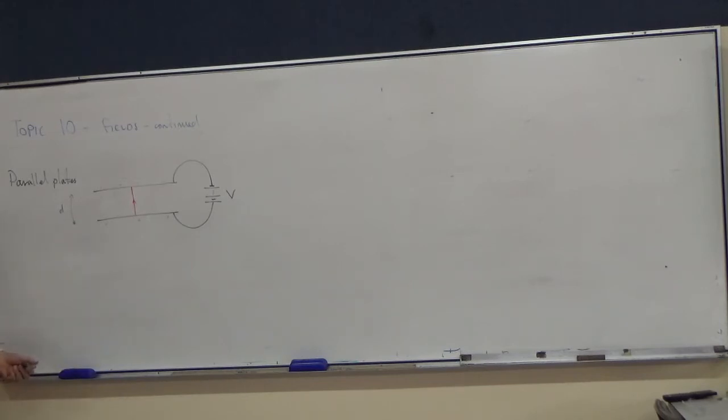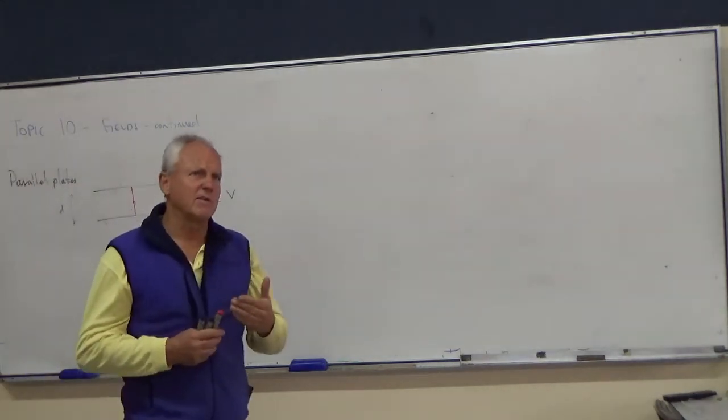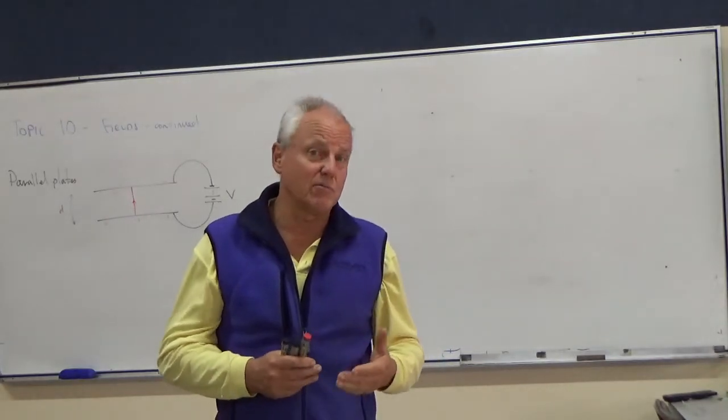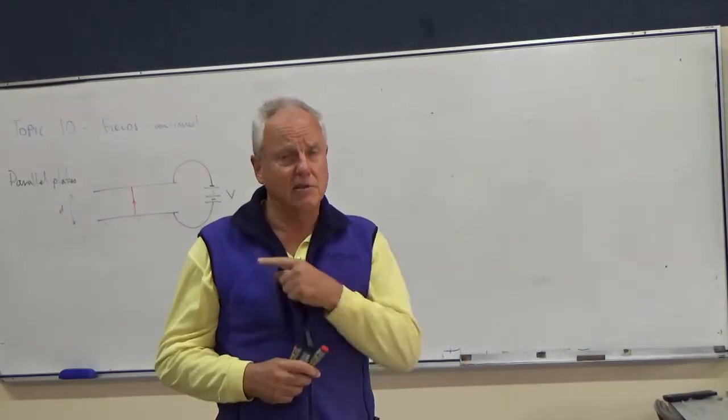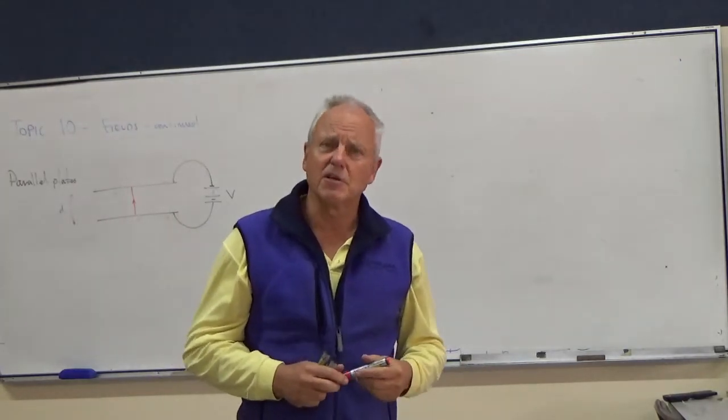But the electric field looks more than that. It's a whole series of lines. Remember that the magnitude of the electric field is greatest when the field lines are closest together and weakest when the field lines are far apart. The field is uniform here, so the field lines are going to be equally spaced.